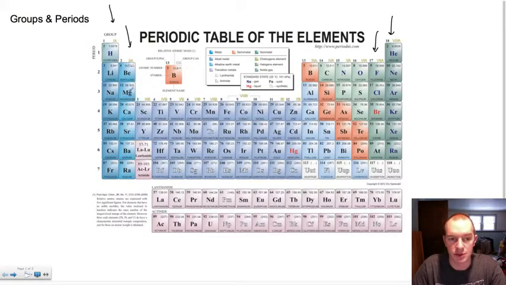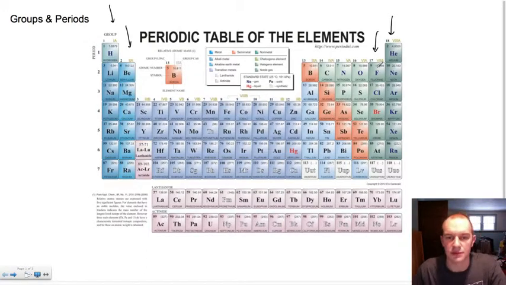Things in group 2, or group 2A, are referred to as the alkaline earth metals. Then we can skip way ahead to group 7A. Group 7A, and anything else in this group right here, are referred to as the halogens. And group 8A, anything in this group right here, are referred to as the noble gases or the inert gases.